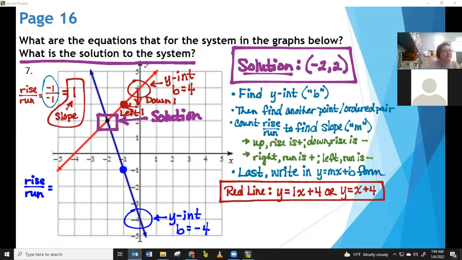Y-intercept sounds good, Soraya. So we need to do the rise first. To go from the y-intercept to this other point, do I go up or down?